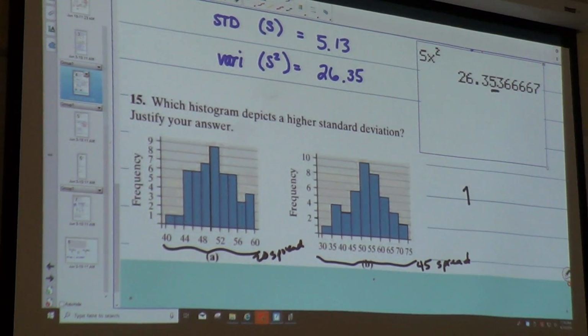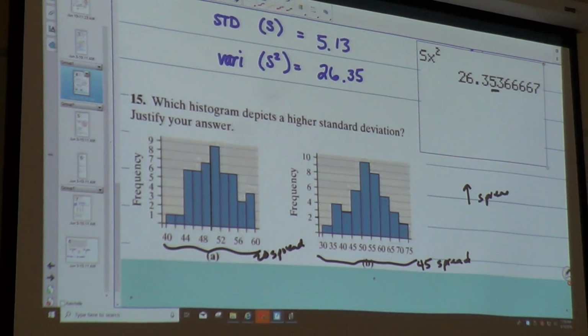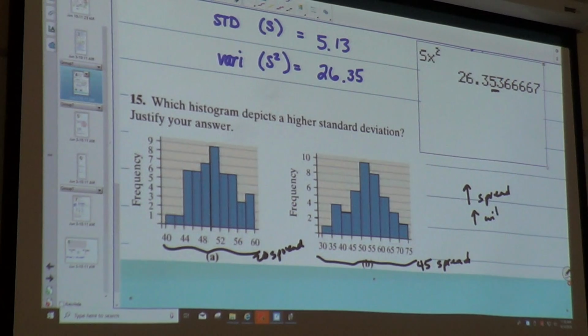So the higher the spread, the wider the data, the higher the standard deviation. It's wide open. The closer the data, the lower your chances of getting an STD are, because they're closer together. Lower the spread. Does that make sense?